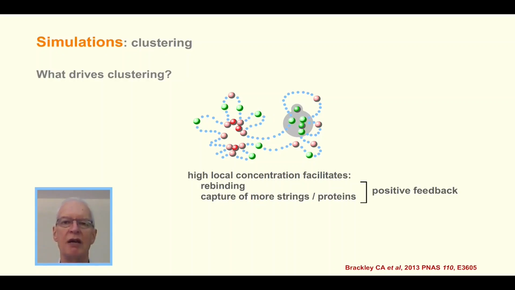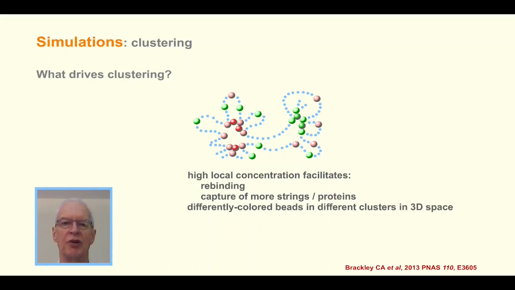This green one might bind to the light green beads, and if a red binding bead comes by, of course it won't bind because there's no affinity, but if a green one comes, it is caught. So this cluster will grow. And the two types of clusters are growing in different places in 3D space because we put the pink and the light green beads in different places on the genetic map.